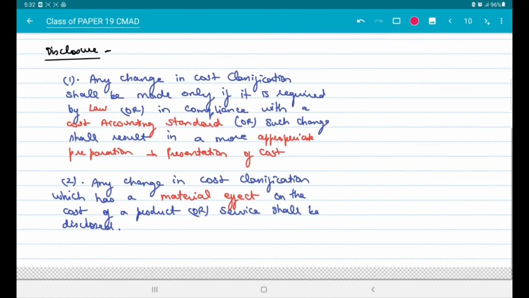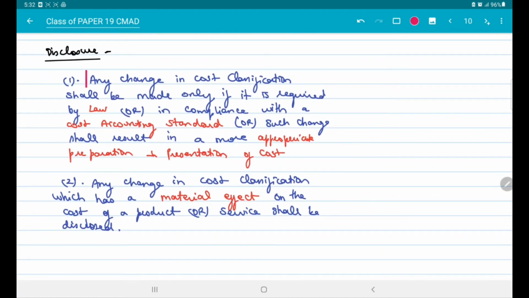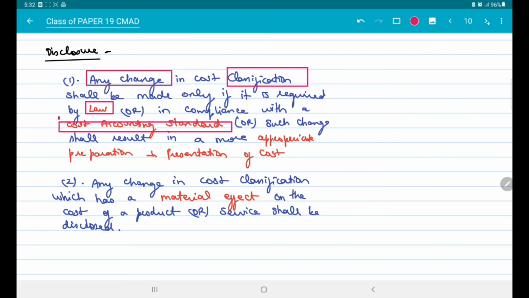So disclosure, if there is any change in cost classification, that can be made only possible if it is required by law or in compliance with cost accounting standards.